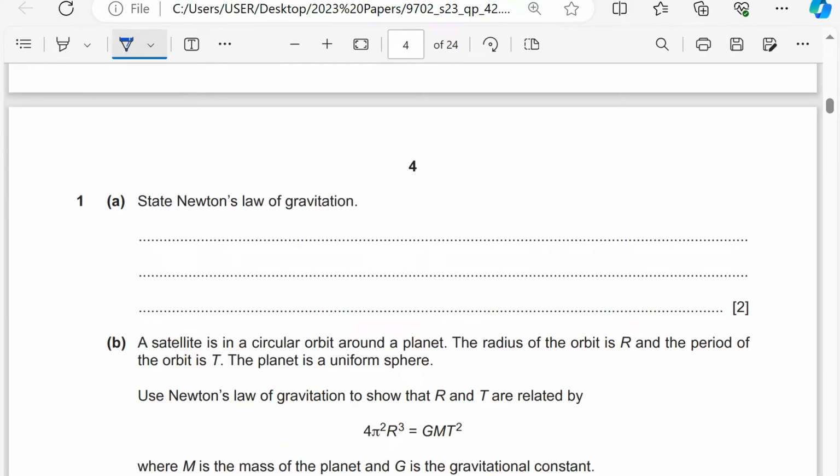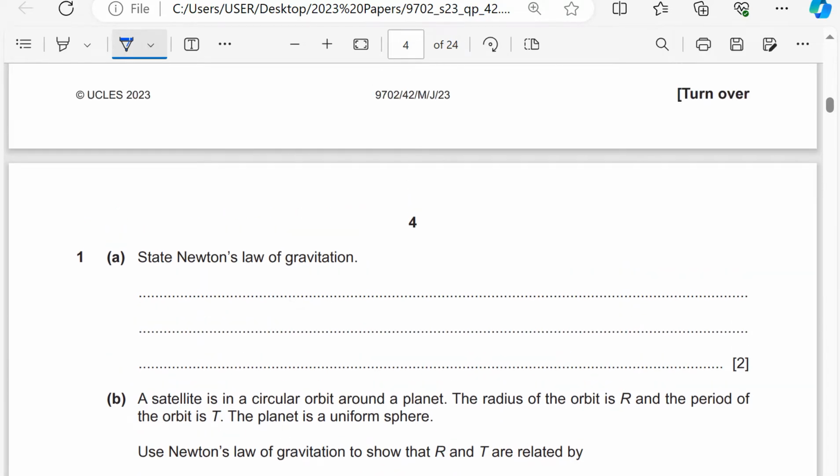Question number 1, state Newton's law of gravitation. Of course, we know that Newton's law applies to point masses, so we can simply say that the force, remember this force is always attractive.